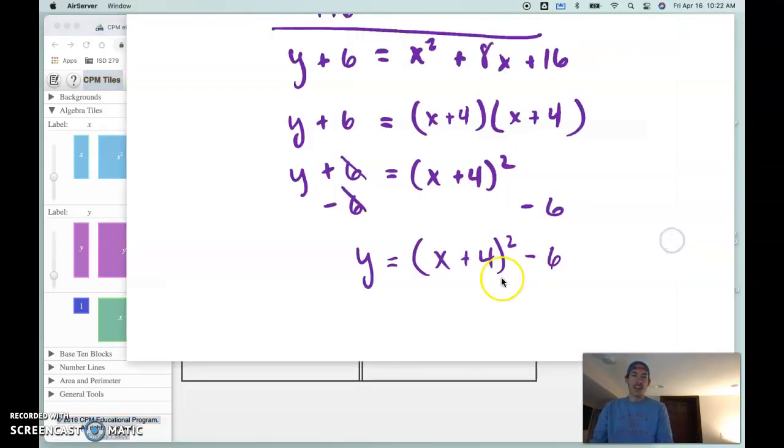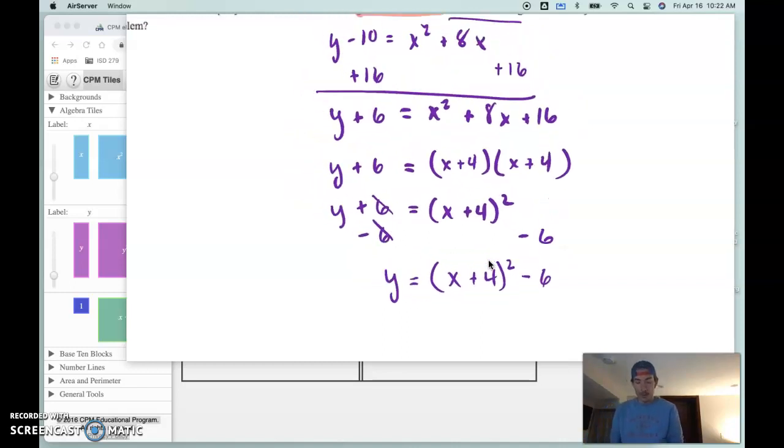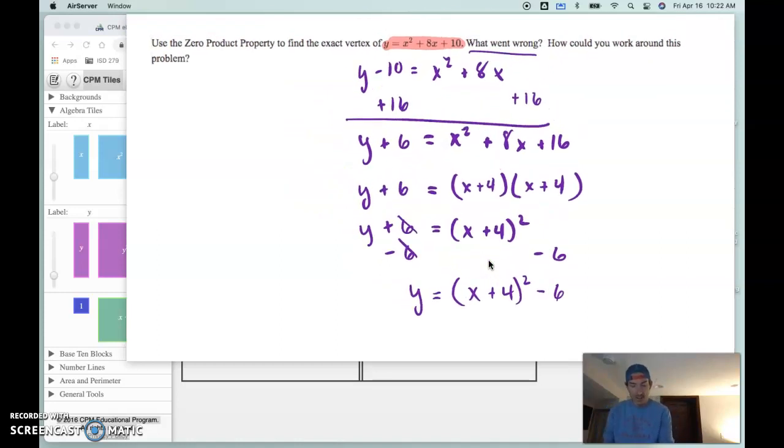Additionally, trying to bring this -6 inside the parentheses is going to force me to break some rules with my order of operations, right? You guys know that I would need to address those parentheses first, and then do that multiplication, then combine the like terms, right? But I have what I want. I have what I set out for. We started in standard form, and I've written it in graphing or vertex form.